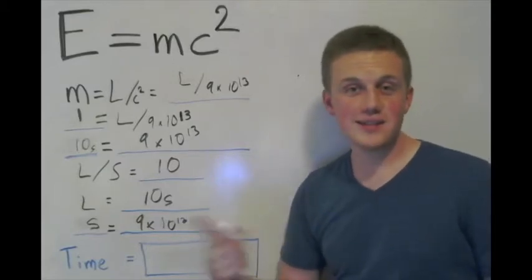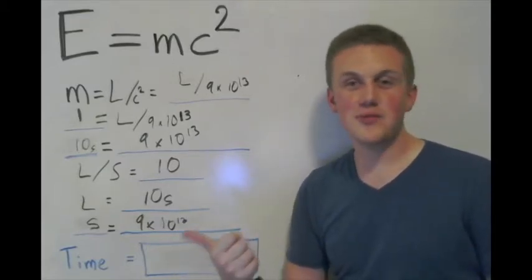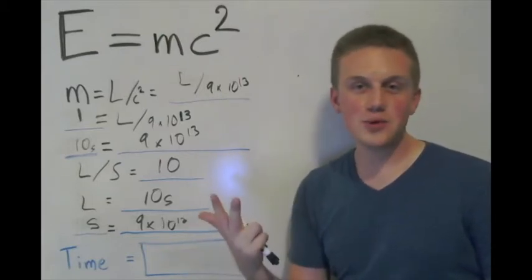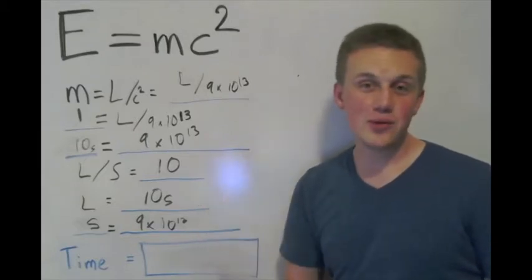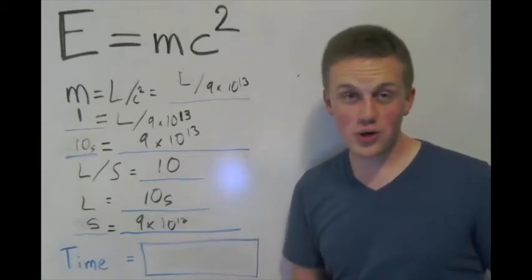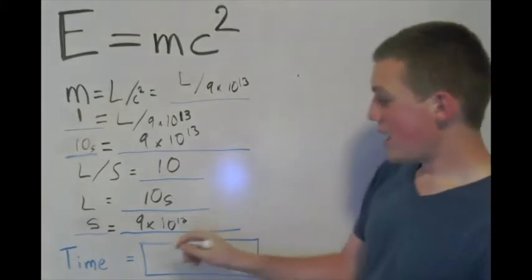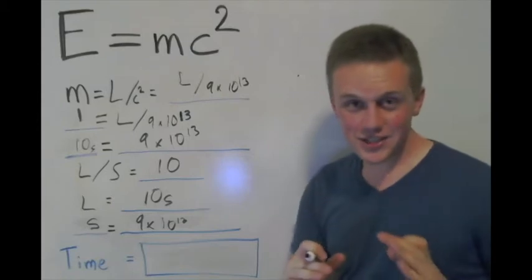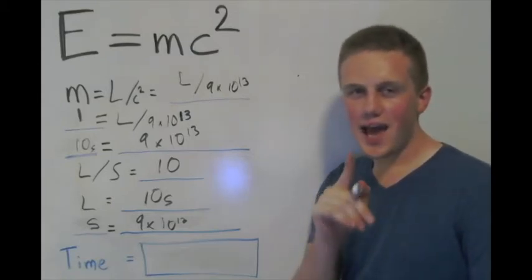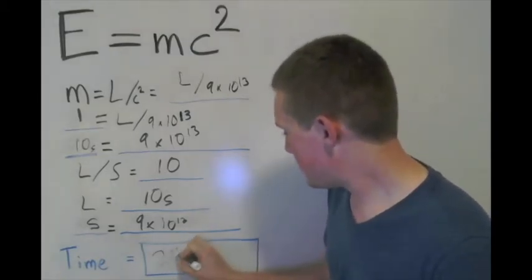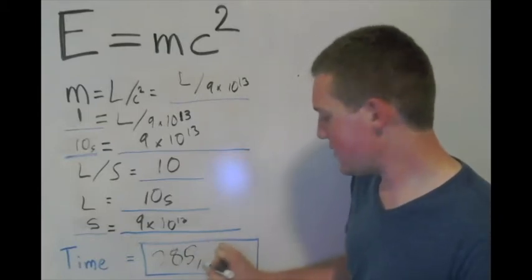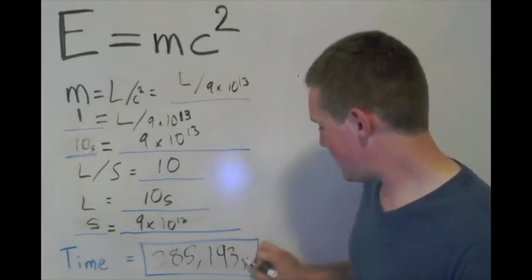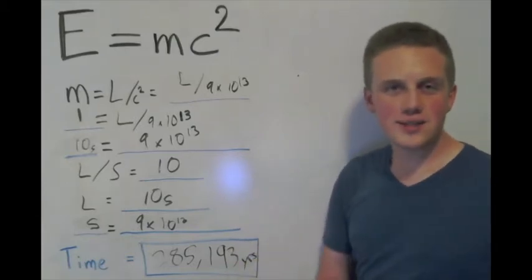So you just need to divide the seconds by 60 to get the number of minutes, divide that by 60 minutes in an hour, divide that by 24 hours in a day, and divide that by 365 and a quarter days in a year, and you get that my flashlight will diminish by 1 gram after 285,193 years.